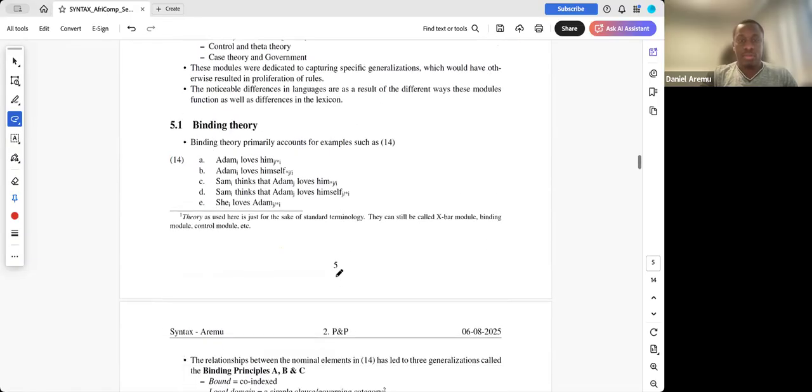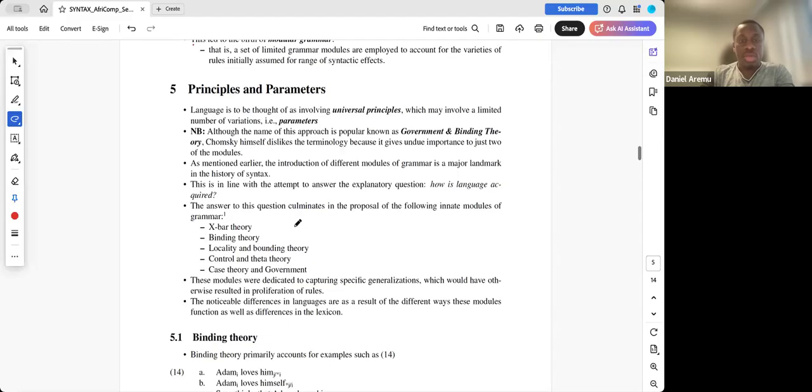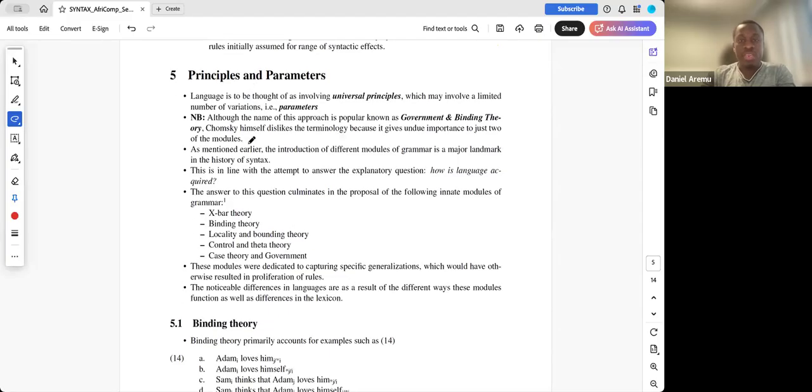I will try and stop somewhere because the time is almost up, so that if there are questions. Within the principles and parameters theories, it's important. Maybe you've seen this before. Usually we, of course, use the term government and binding. So you might have noticed I've been calling it principles and parameters, but maybe you are more familiar with government and binding theory.